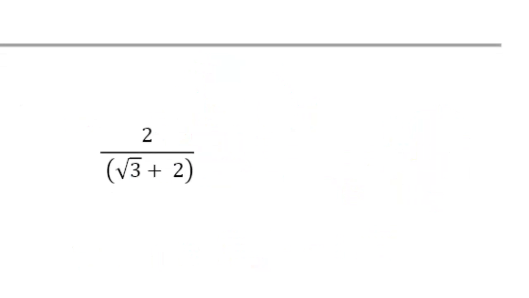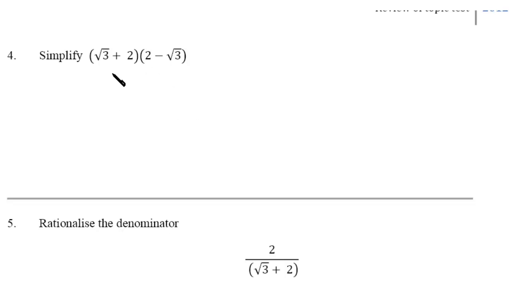Okay, next question we're going to go on to is this. Now what I'm going to do is use a thing called FOIL to help me multiply this out in the right order. And FOIL stands for first, outer, inner, last. First is the first two things in the brackets, root 3 times 2, 2 root 3. The outer two things are root 3 times minus root 3. Root 3 times root 3 is 3, plus times a minus gives me a minus 3.